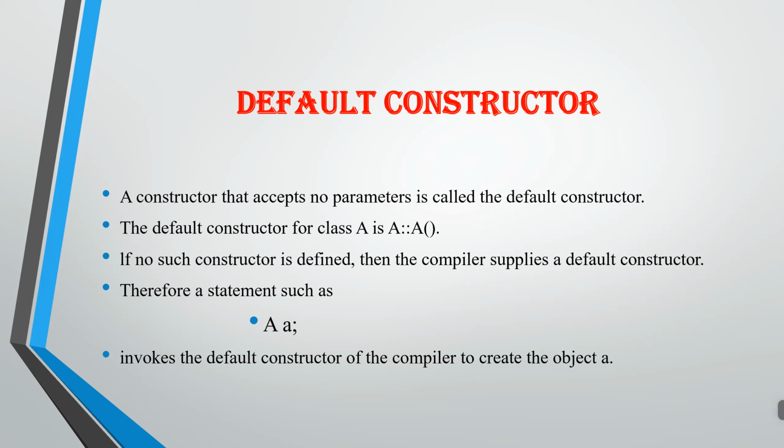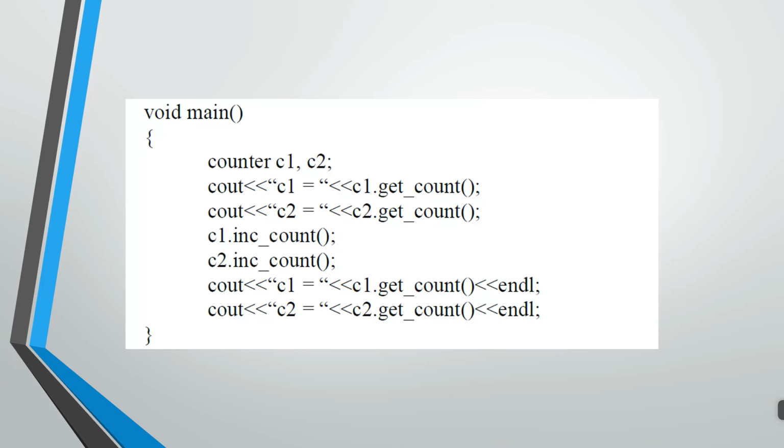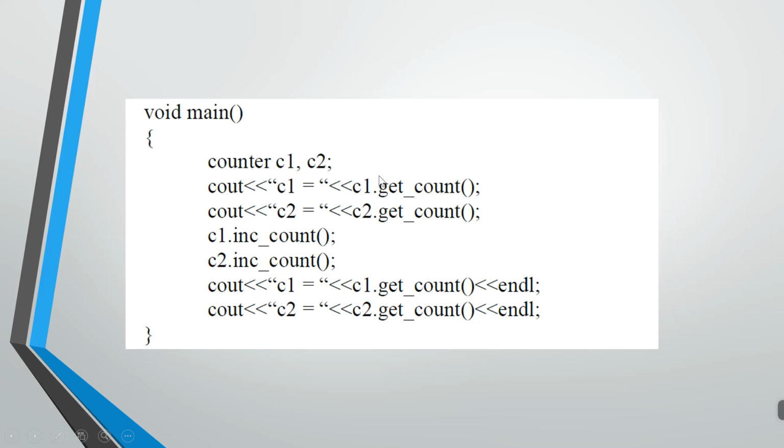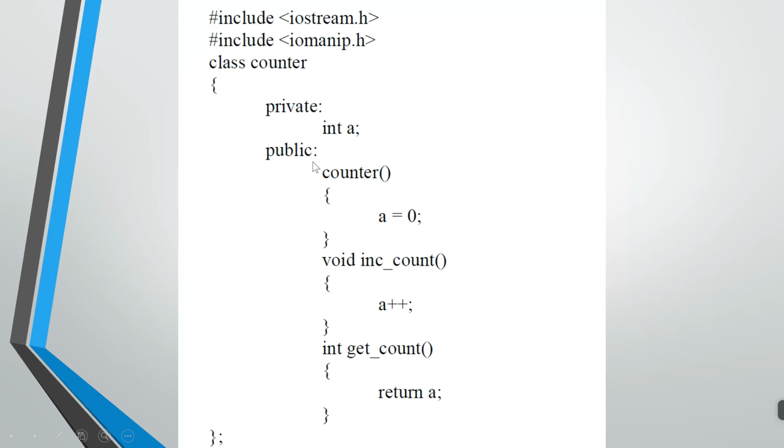A default constructor is that constructor which accepts no parameters. There is no parameter. So the example given over here, say counter is a constructor. There is no parameter. So the moment you declare C1 and C2, you are not passing any argument. So ultimately they will be initialized to 0.